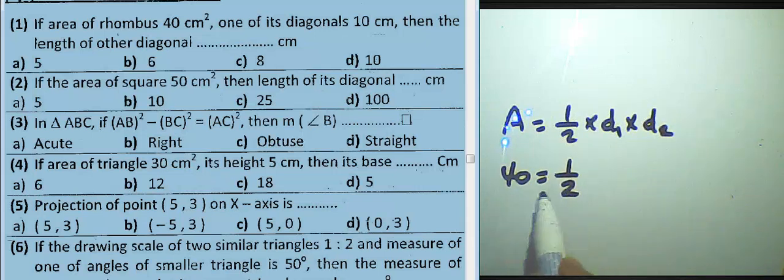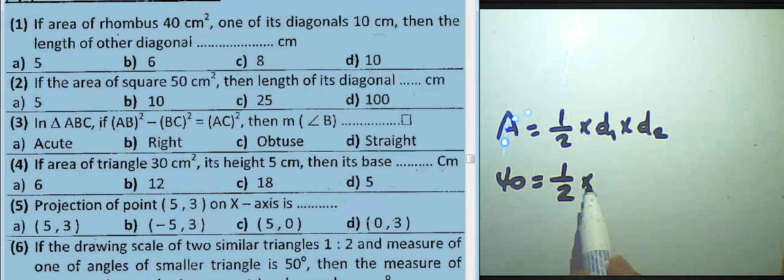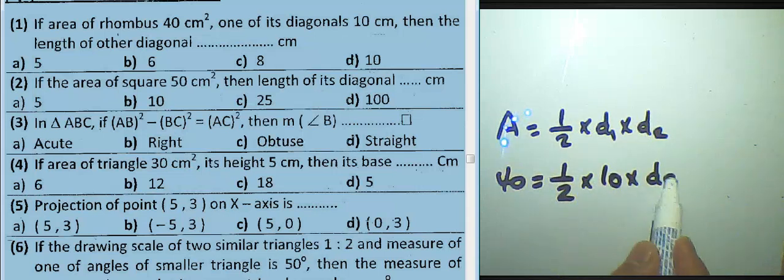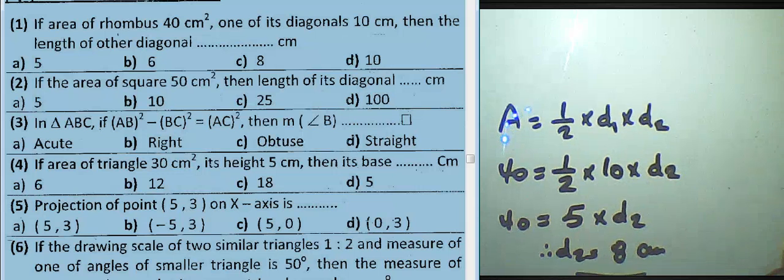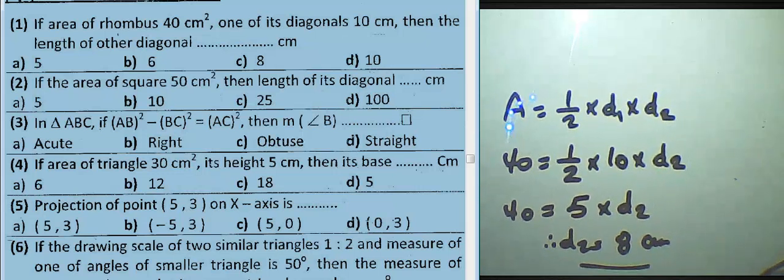You can write 40 equals half multiplication by diagonal 1 multiplication by diagonal 2. Then 40 will be equal half of 10, which equals 5, times diagonal 2. Then diagonal 2 will be 40 divided by 5 equals 8 centimeters. Then the length of the other diagonal will be 8 centimeters.